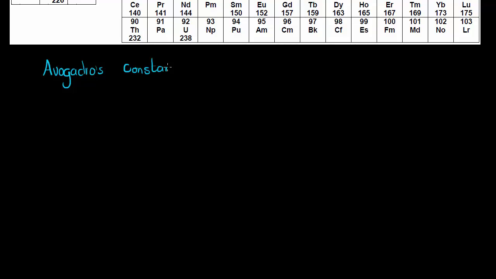Now Avogadro's constant is a number. If I talk about Avogadro's constant, I'm talking about a number of things, and this is the number. It is 6.02214179 times 10 to the power of 23.